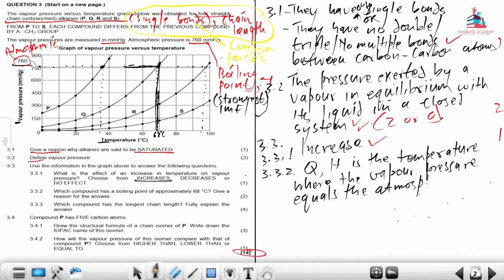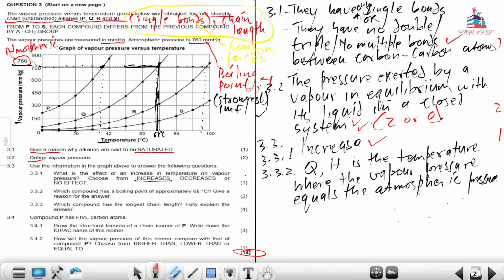That is only when we get to the point of boiling point, to the atmospheric pressure. So let's understand that it is quite important.